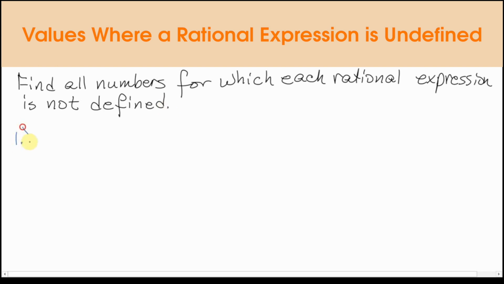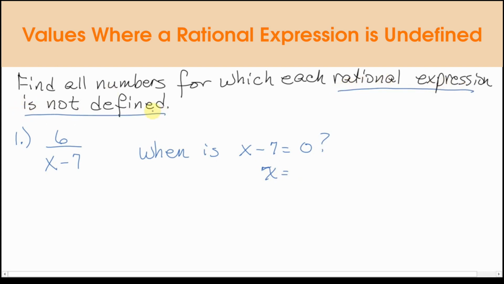Let's look at this first one. 6 over x minus 7. So our question is, when is x minus 7 equal to 0? Whenever x minus 7 is equal to 0, that is where this rational expression is not defined. So x minus 7 is equal to 0 whenever x is 7. So our answer is 7.